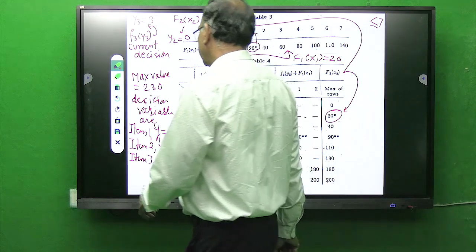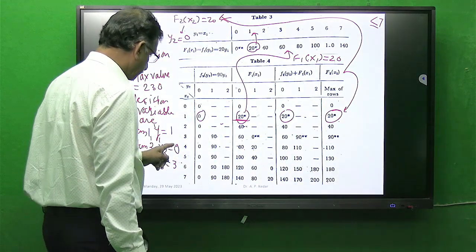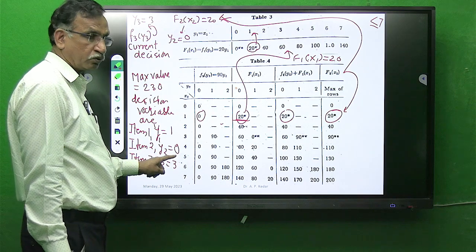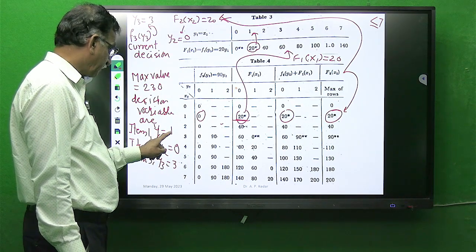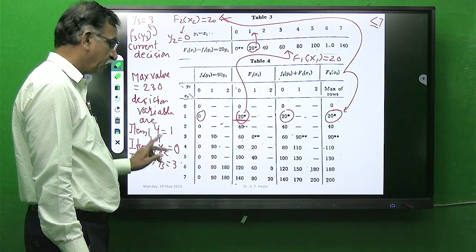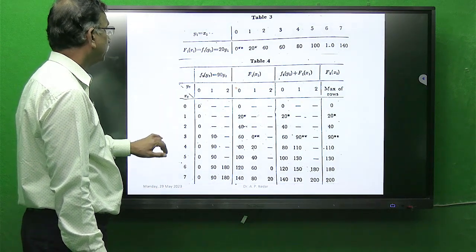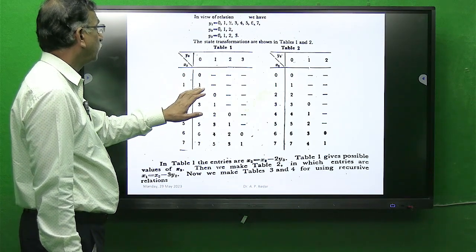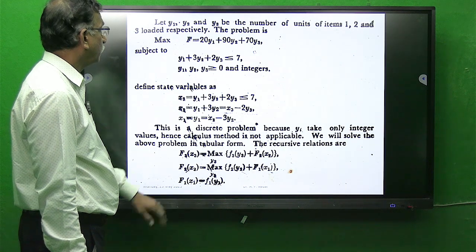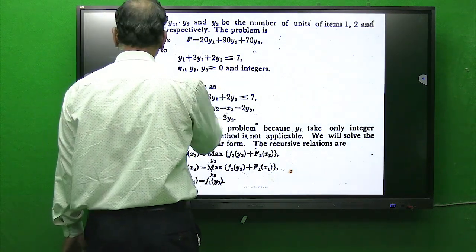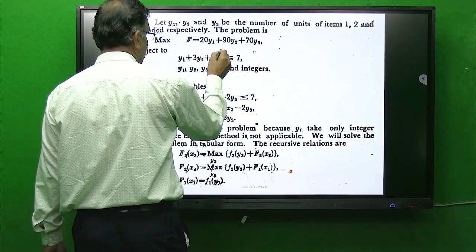So let us see whether that is satisfied or not. Keep this figure in mind: y1 is 1, y2 is 0, and y3 is 3. We'll again backtrack it.